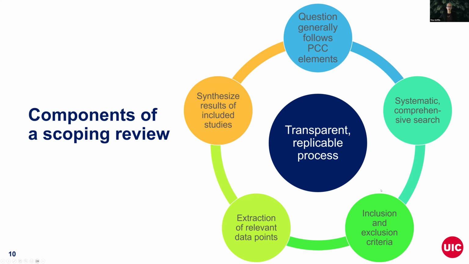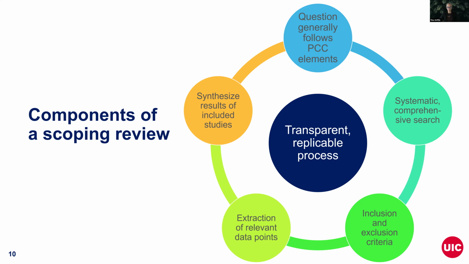Okay. So if that's why we're doing a scoping review, then these are some of the components of a scoping review. The thing that all of these revolve around is that, like in systematic reviews, the process needs to be both transparent and replicable.